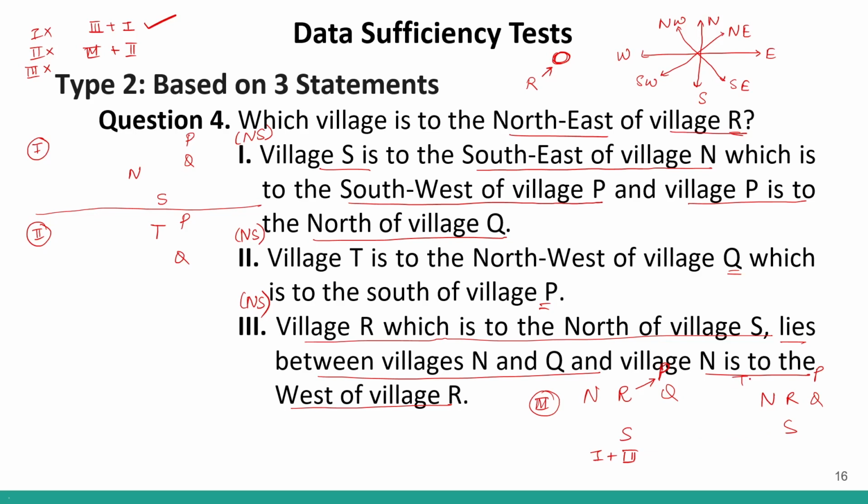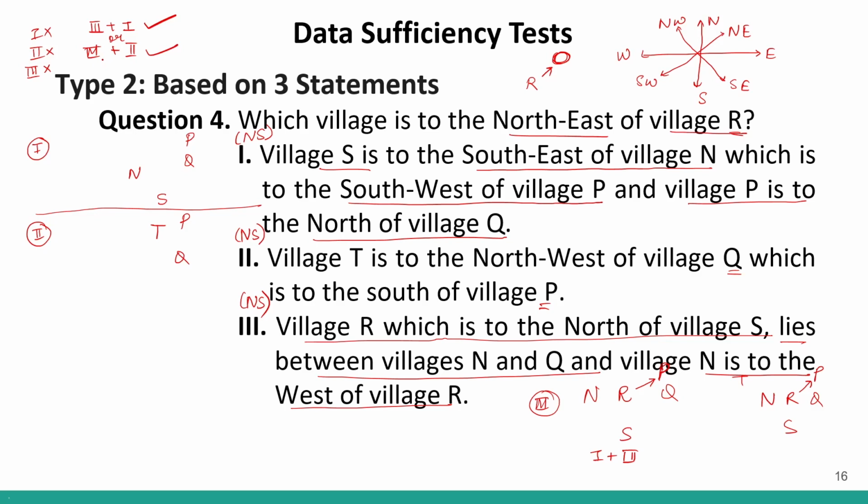But that is not relevant. We just have to find who will be to the northeast of R, and clearly on combining the second and third statements, we can find that P will be to the northeast of R. Correct? So this is also correct. So we can find the answer either by combining the first and third statements or by combining the second and third statements.